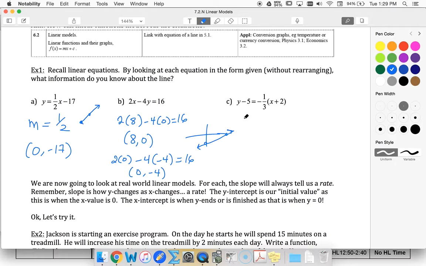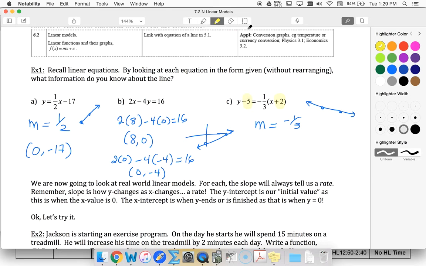All right, this line over here, I can see straight away has a slope of -1/3. So that tells me that my line is going to go from any point down 1 over 3. So now I have a negative slope, and it's a bit flatter than this line. I can also see a point. So this line goes through the point (-2, 5).